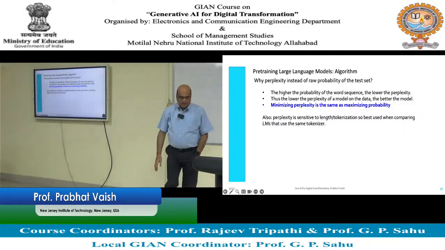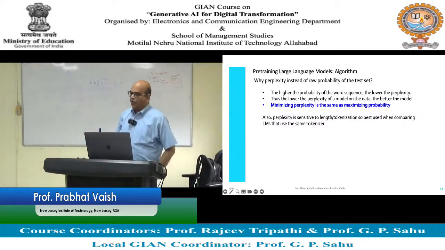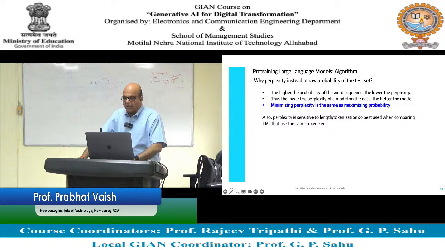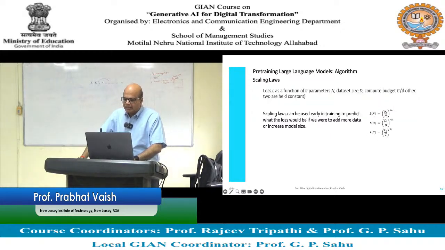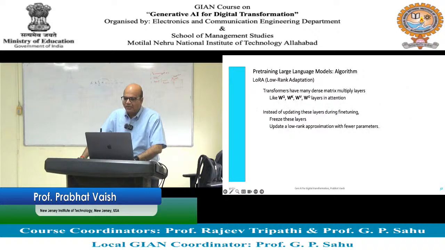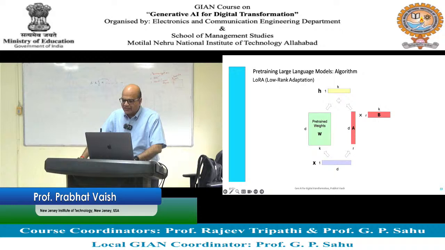Generally, what we are trying to say here is that the higher the perplexity, the better the performance of the language model that you are building on the unseen data. I'm going to skip the mathematical part here. Okay, I'm going to skip these ones so we can actually come to a new topic here. Low rank adaptation, I'm going to skip all of this.